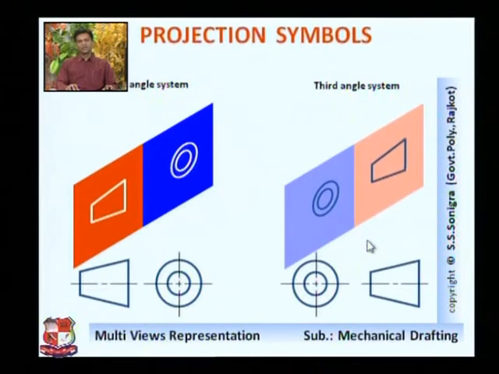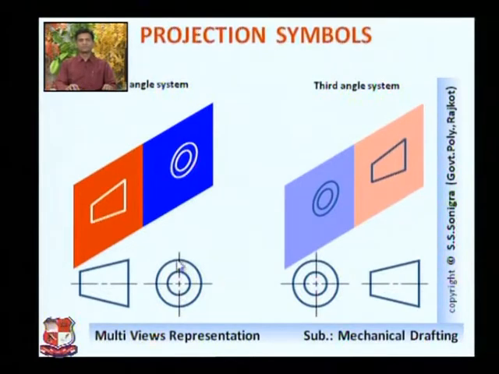You can notice only one difference between these two symbols: here the smaller side is away from this circle, and here the smaller side is towards this circle. You can see here the longer side is away, here the longer side is towards the circle. That is the only difference between these two symbols.